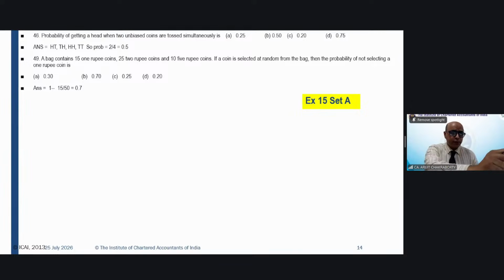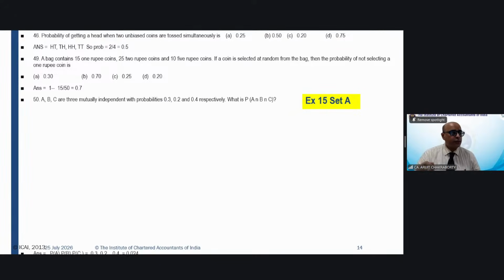Here the given event is 15 by 50. So we subtract the probability of this event from 1. 1 minus 15 by 50 gives you the probability of the complementary event, that means the probability of not selecting a 1 rupee coin.